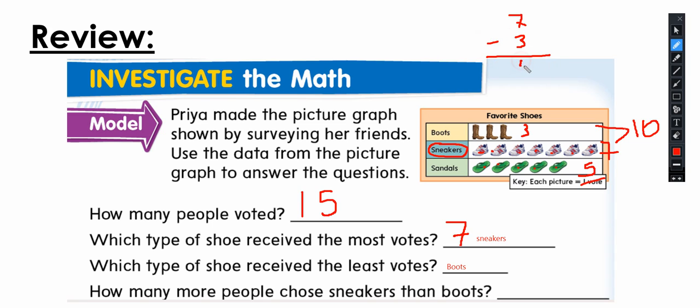So that means I have 4 more sneakers. Or I can cancel: 1 boot, 1 sneaker, 1 boot, 1 sneaker, 1 boot, 1 sneaker. And how many more sneakers do I have? I have 1, 2, 3, 4. 4 more sneakers than boots.